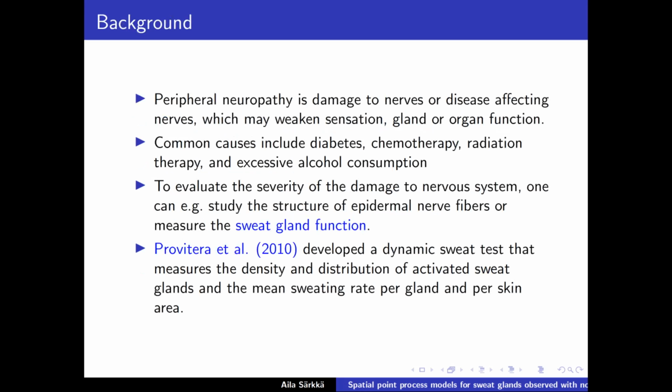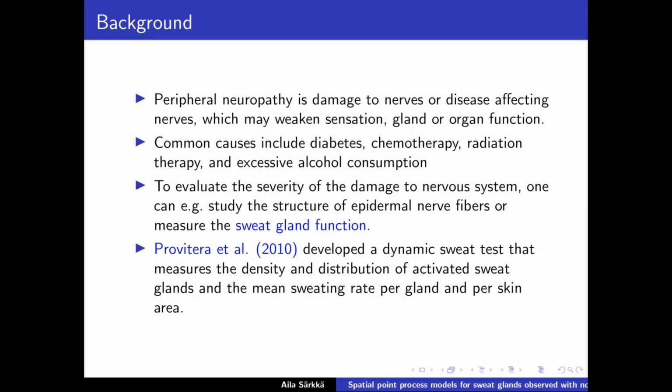So what is peripheral neuropathy? It's damage to your nerves or some disease affecting your nerves. And this disease weakens the sensation. For example, if you think about diabetes and diabetic neuropathy, you don't feel as well when you have the neuropathy, but it also weakens your gland and organ functions.